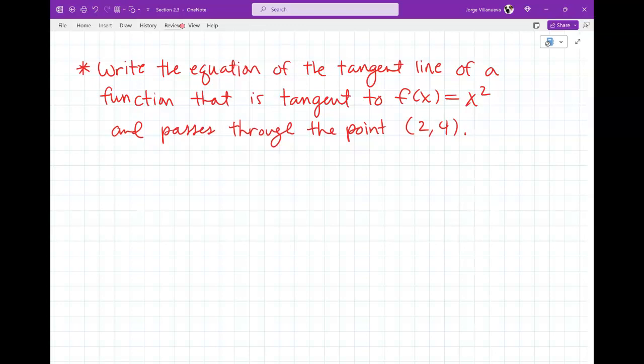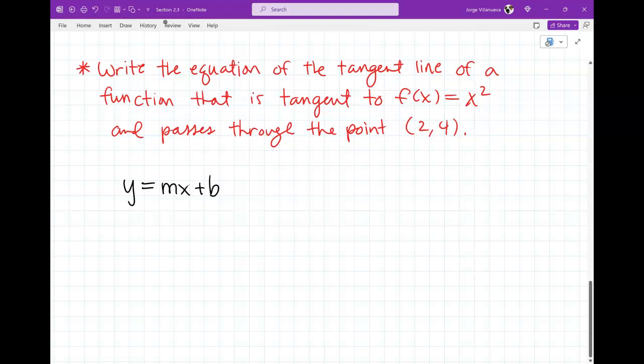A line that's tangent to a function can only touch it at one point. So that means this line is touching that function at the point 2, 4. It's passing through that point right there. I need to write an equation in y equals mx plus b form, so I've got to write an equation using this.